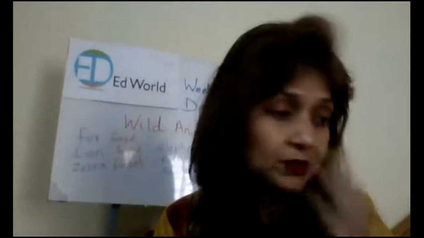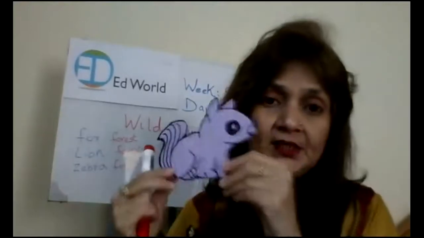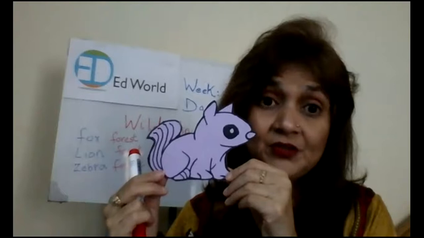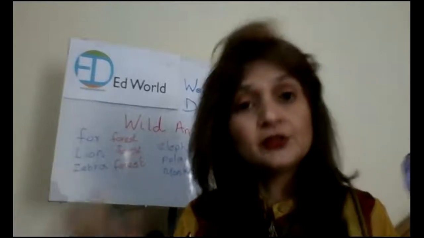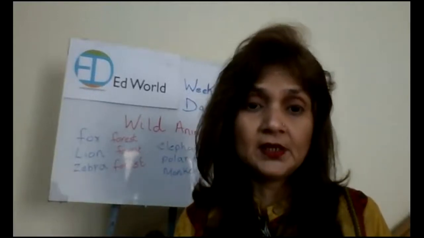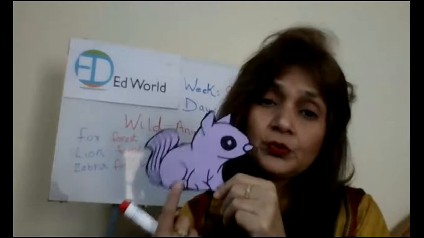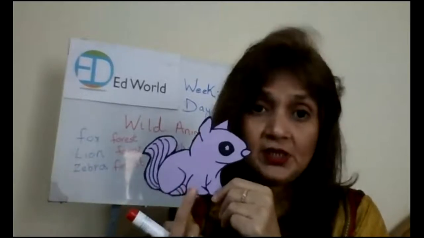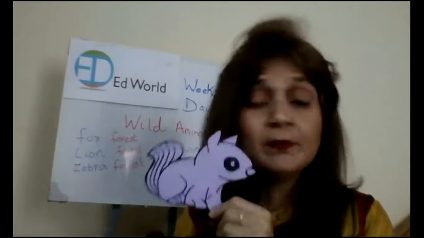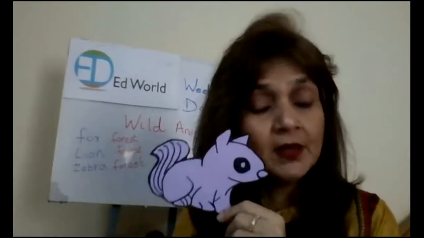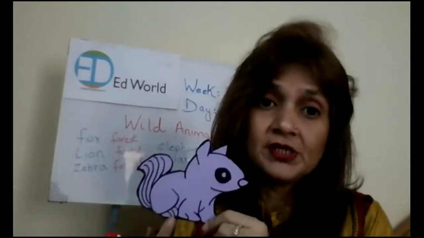Now, what about the squirrel? The squirrel lives on trees, correct. The trees might be in the forest, in a jungle, or in any kind of park, right? So squirrel lives on a tree. So, tree is their actual habitat. And what about a monkey? Same, monkeys also live on trees, right?